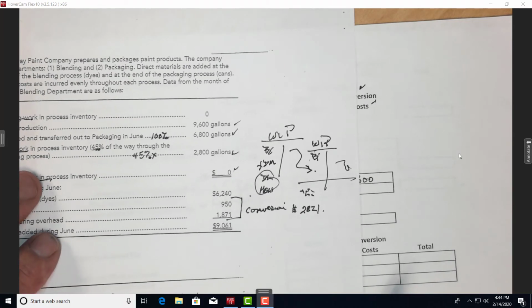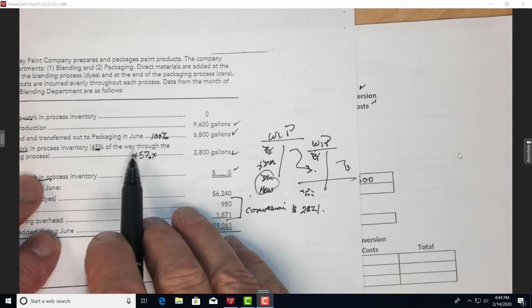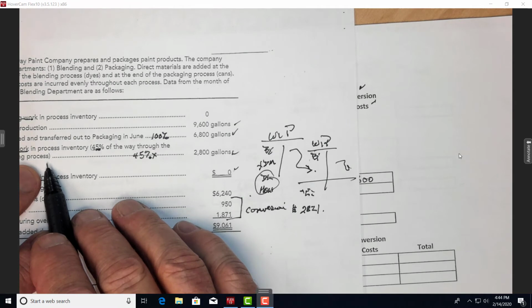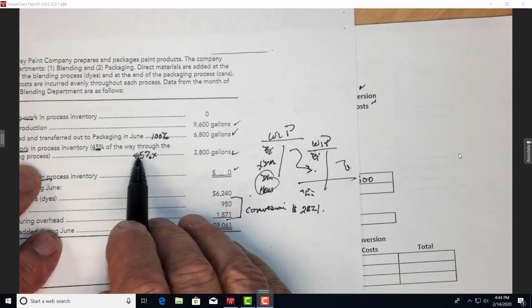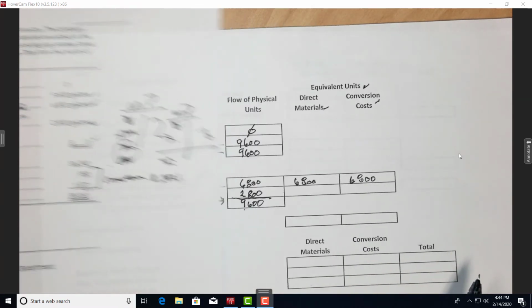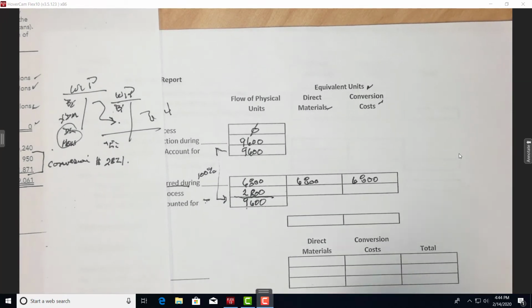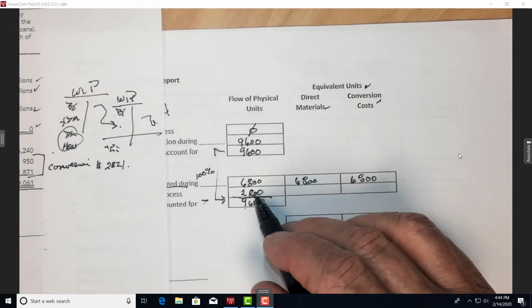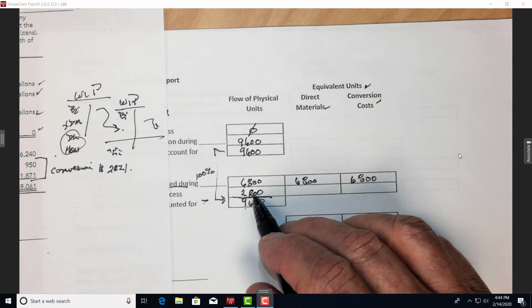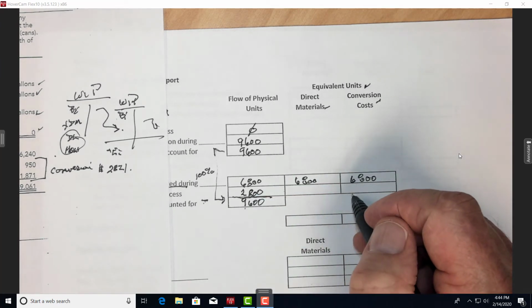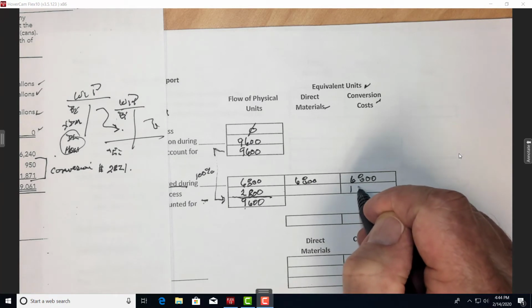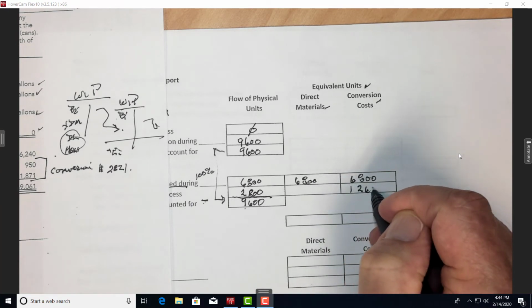Now, it says that the in-process inventory is 45% of the way through the blending process. So it's 45% through the blending process, which is the conversion. So 45% times 2,800 is going to be 1,260.